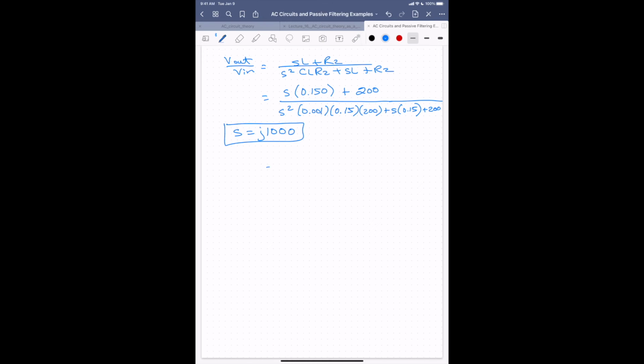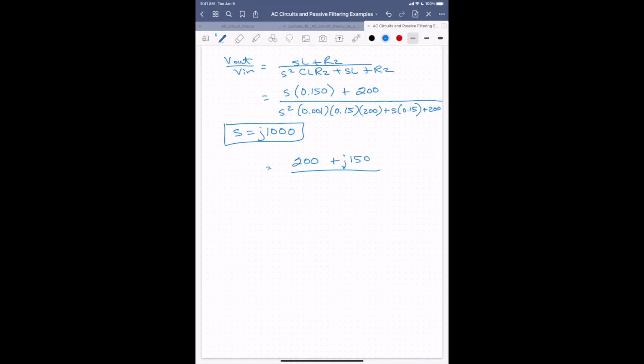So when I plug that in, let's write it as real plus imaginary. So I'll get 200 plus 150J.